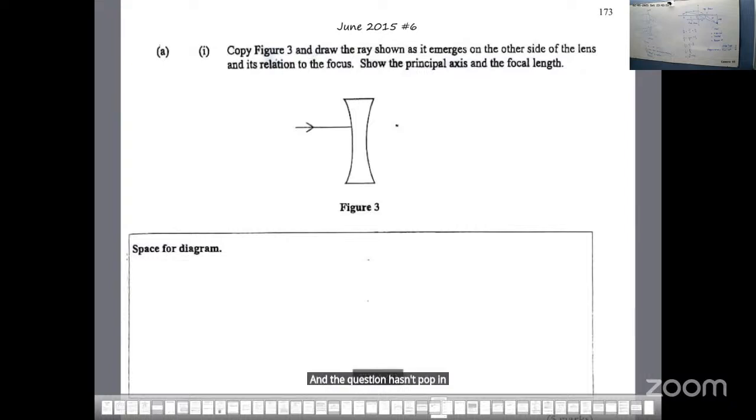Yes, very good. Oh yeah, drawing diagram.